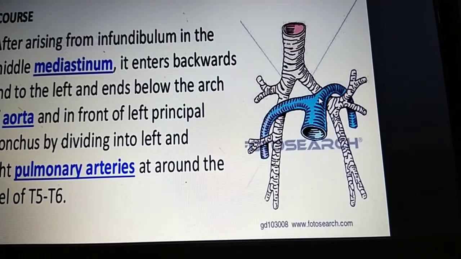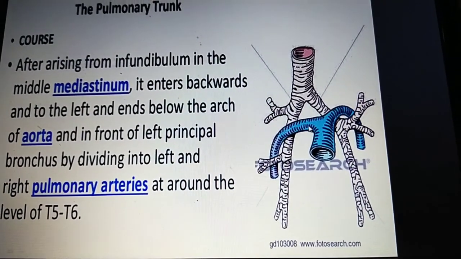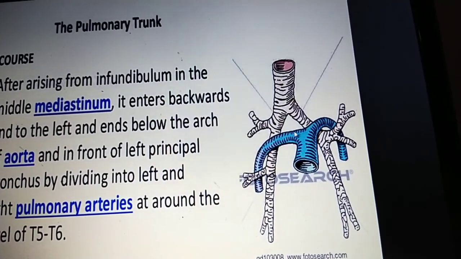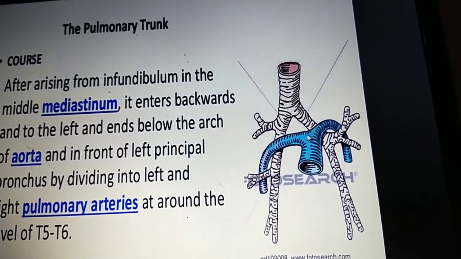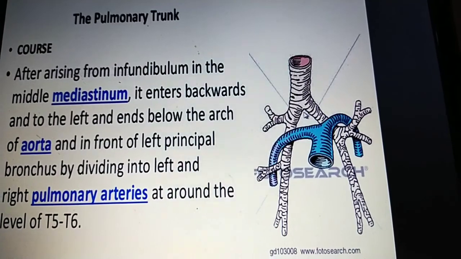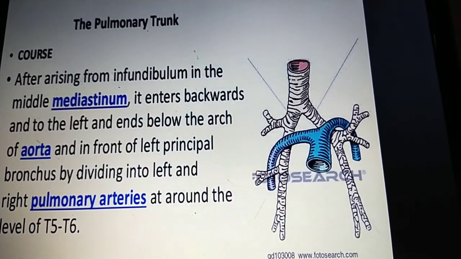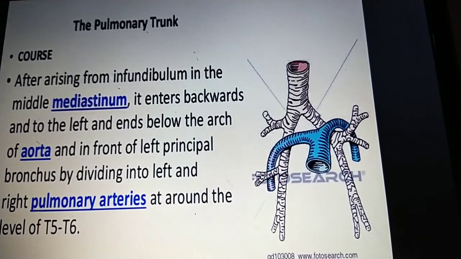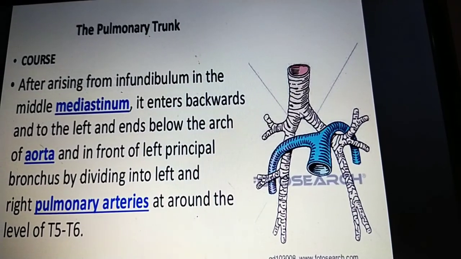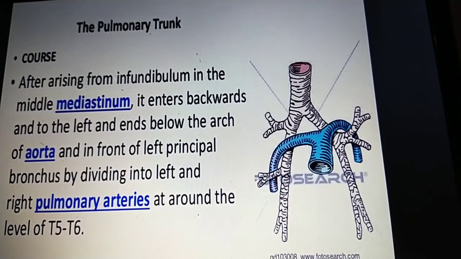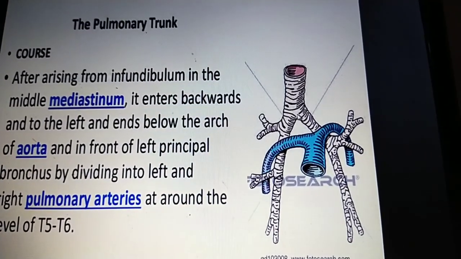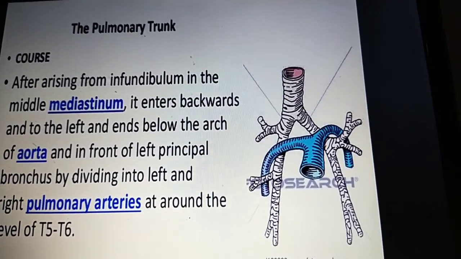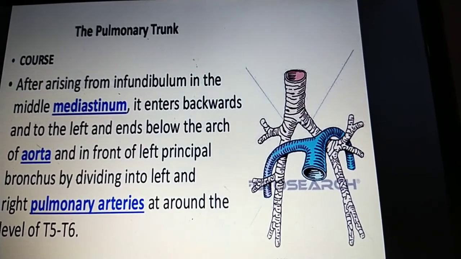Here it divides into the left and right pulmonary arteries, at the level of T5 and T6. You already know that the trachea divides into right and left bronchi at the level of the carina, that is, at the level of T4 and T5, or at the level of the sternal angle.